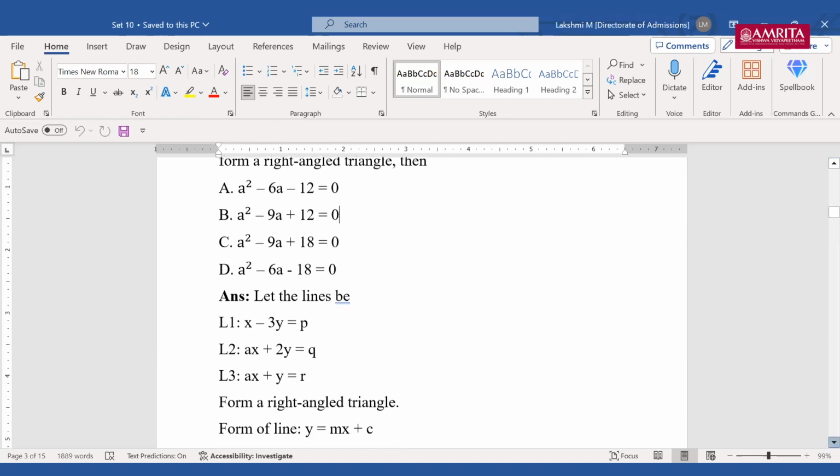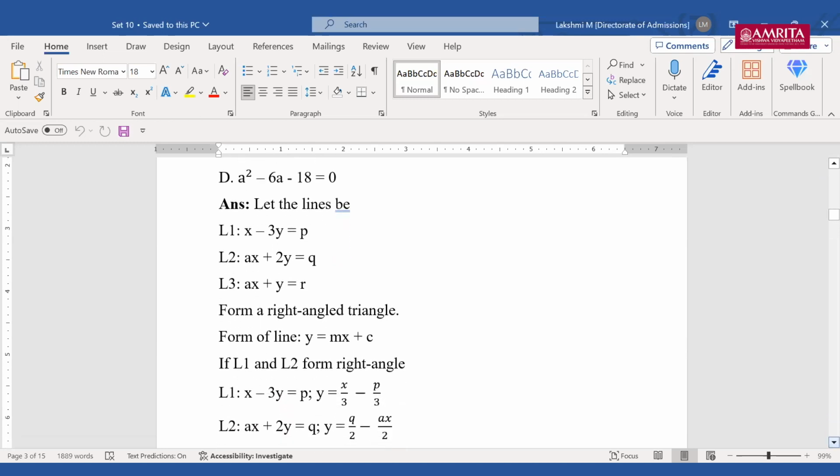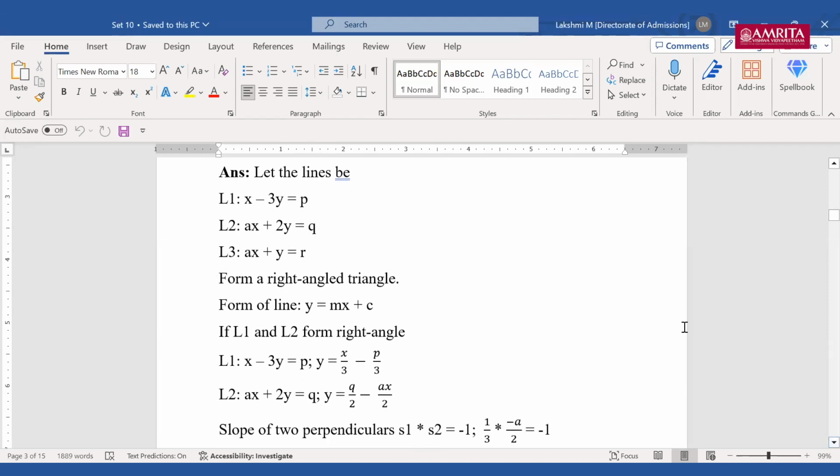So if two lines form a right angle triangle, you should have an idea about what the concept is. When it comes to the slope of two perpendiculars, the slope of L1 you can call M1, the slope of L2 you can call M2. M1 multiplied by M2 is equal to -1. That's the only formula that you can use to solve this question.